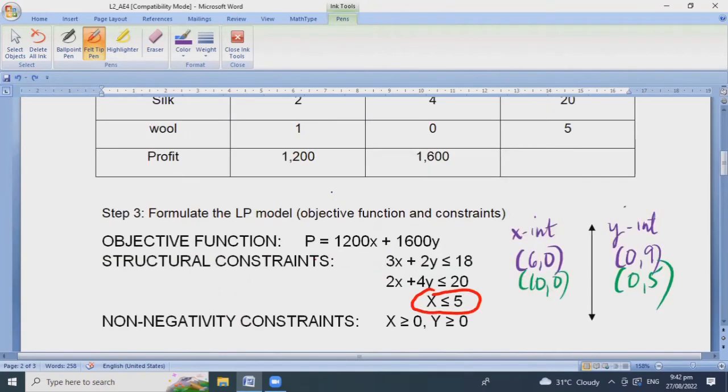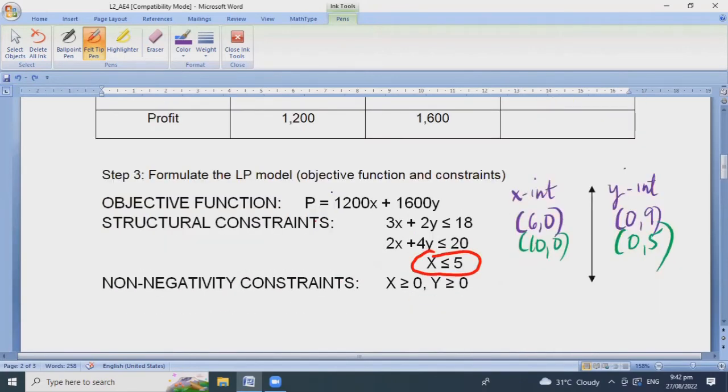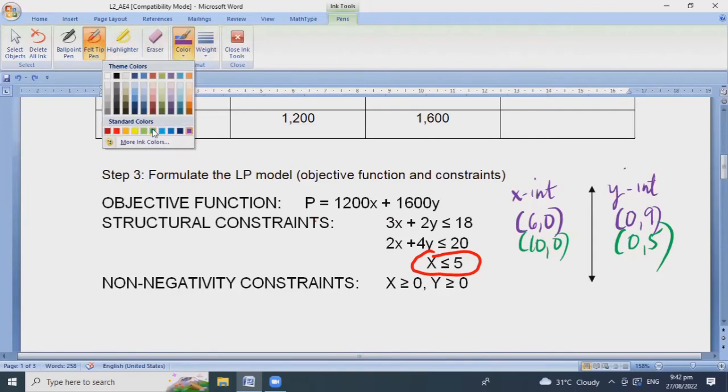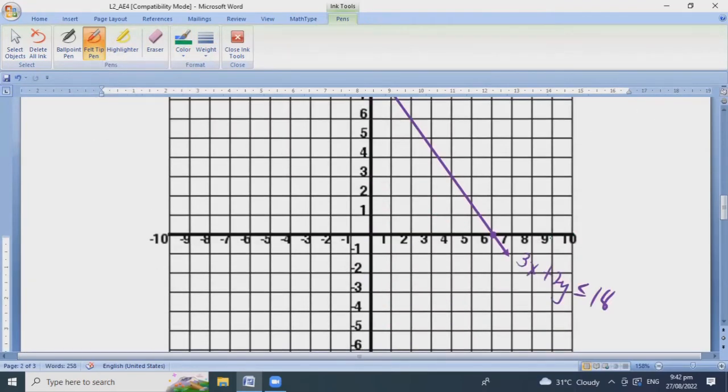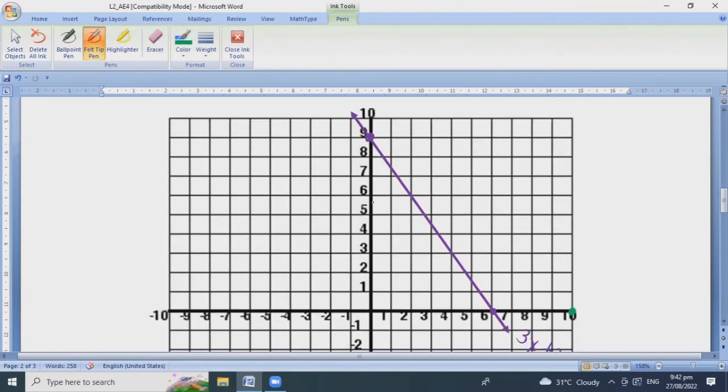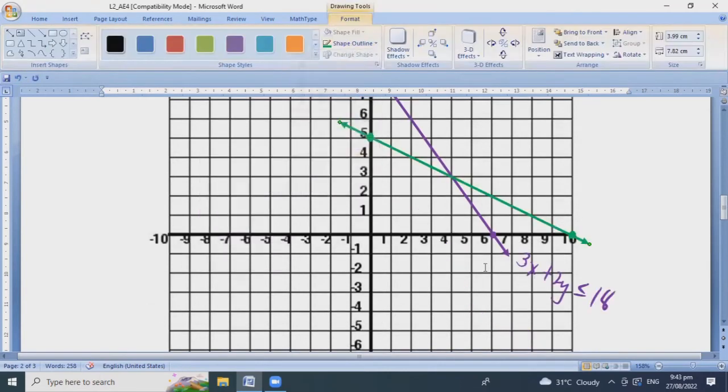Next one. Let us graph the green ink for the x and y intercept. Okay, so 10, 0 and 0, 5. Ayan. Let's connect.